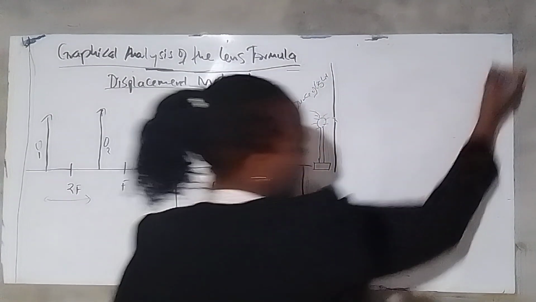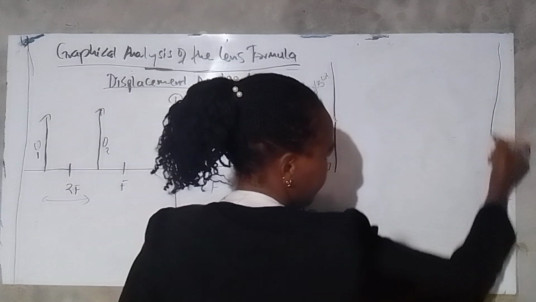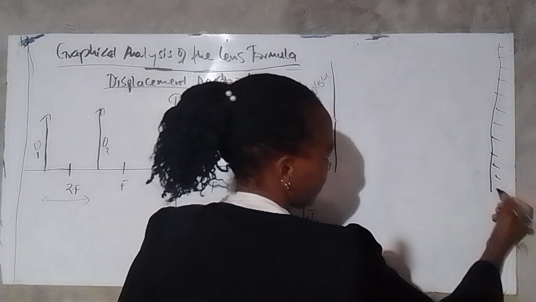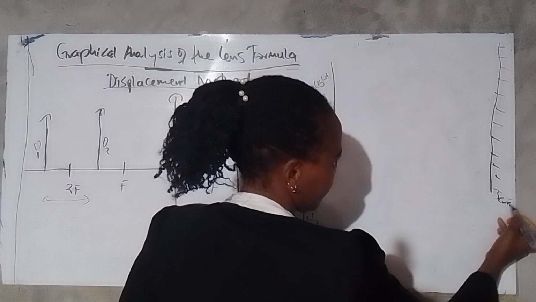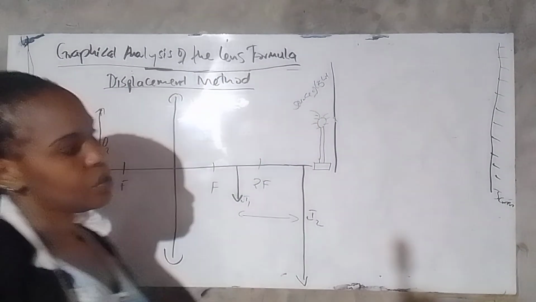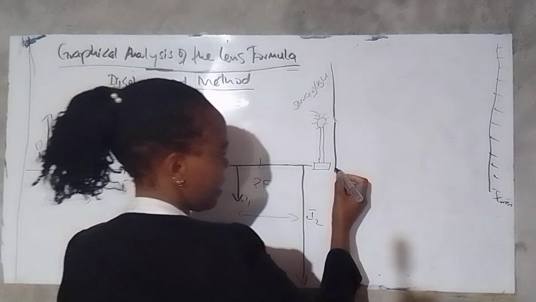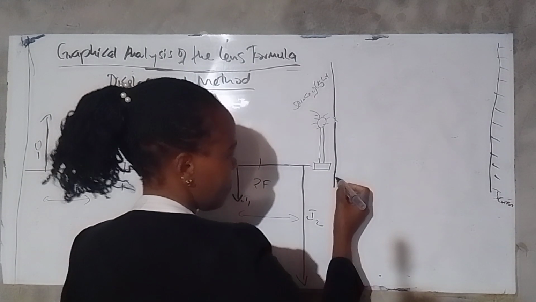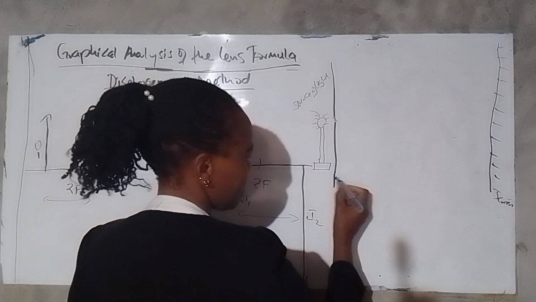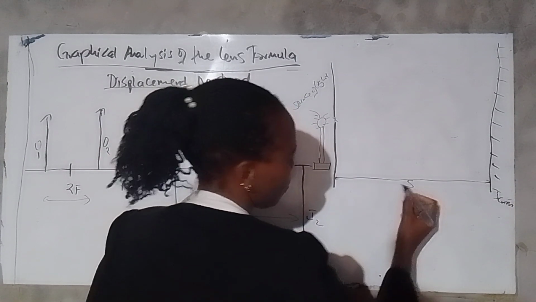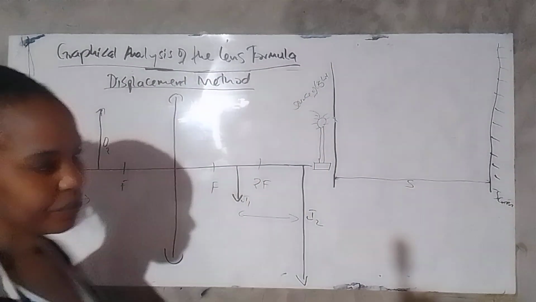Then I put a screen. The screen. Okay, so with that, I have an object. I have my lens. So I measure the distance from that point to that point. Let me call that distance S.